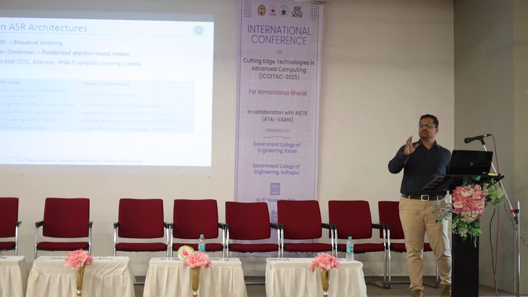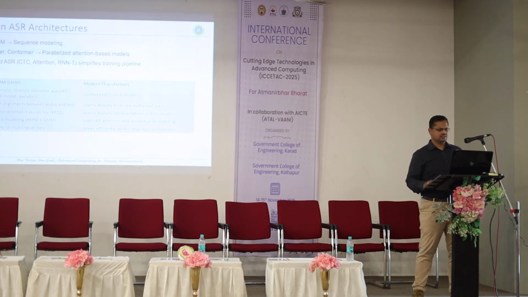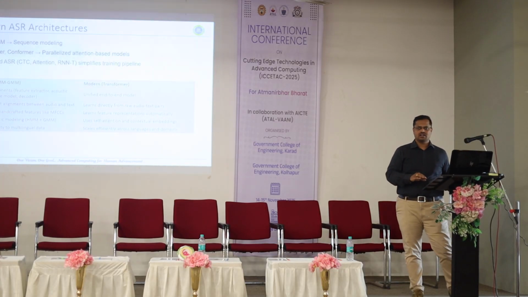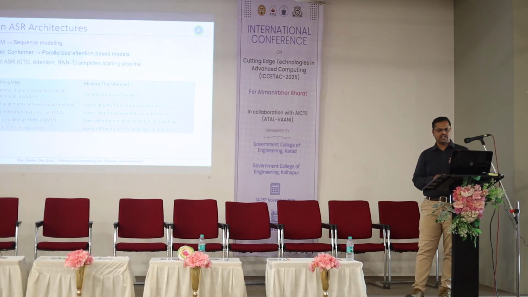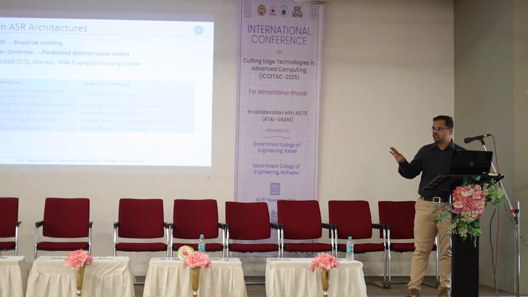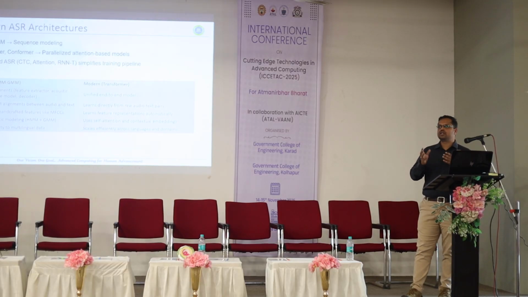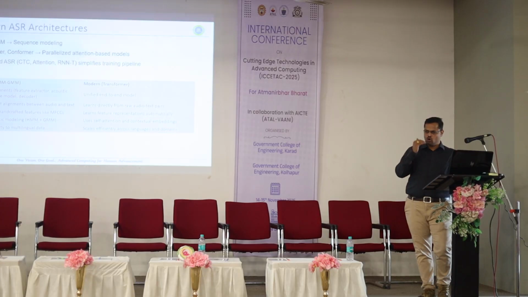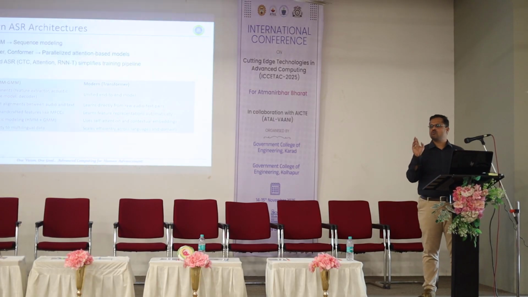What is the difference between traditional architecture and modern ASR architecture? In traditional architecture, we have to train the feature extractor differently, the acoustic model differently, the language model and the decoder. So all components we have to train separately. But in modern architectures, we have to train one model only.